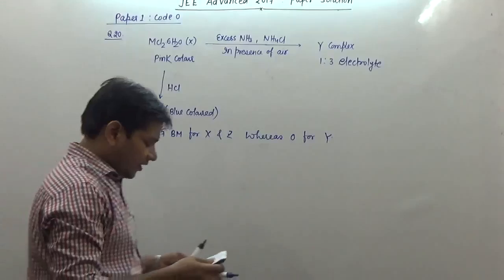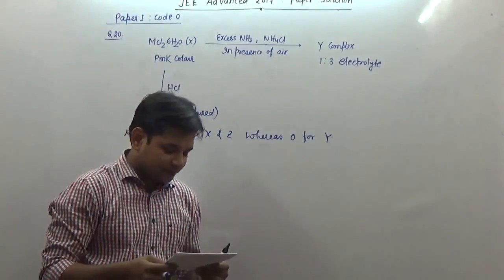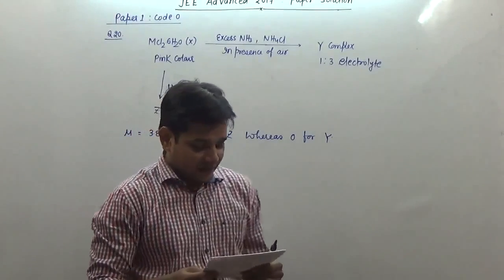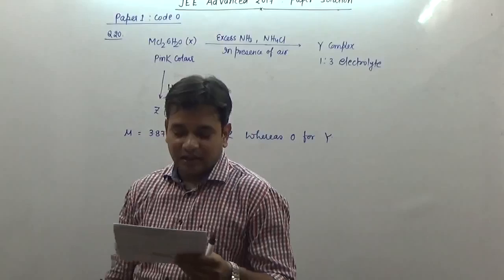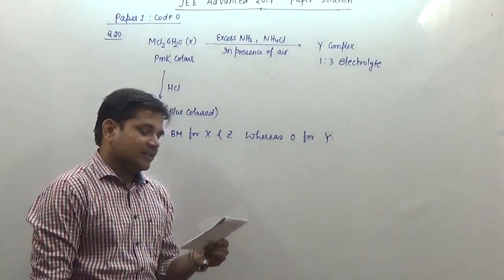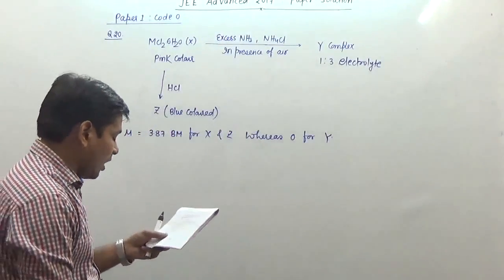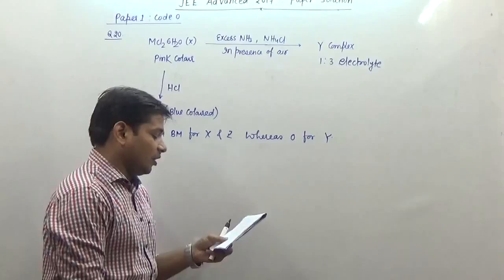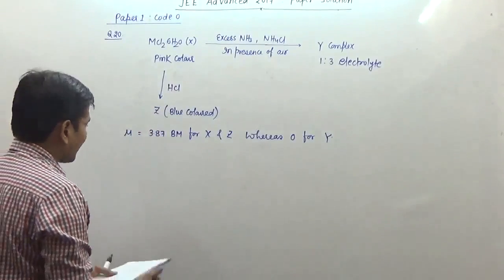The options given are: A, the hybridization of the central atom in Y is d2sp3. B, when X and Z are in equilibrium at 0 degrees Celsius, the color of the solution is pink. C, Z is a tetrahedral complex. D, addition of silver nitrate to Y gives only 2 equivalents of silver chloride. These are the options here.